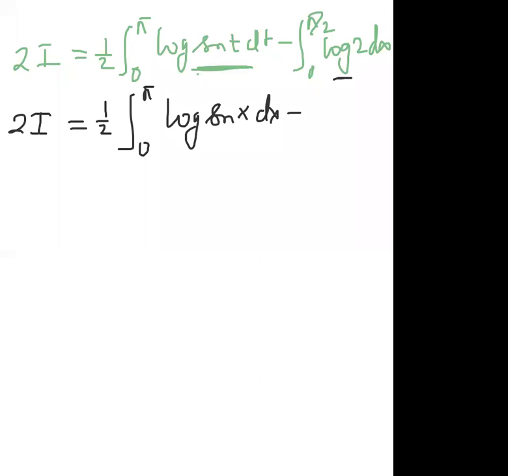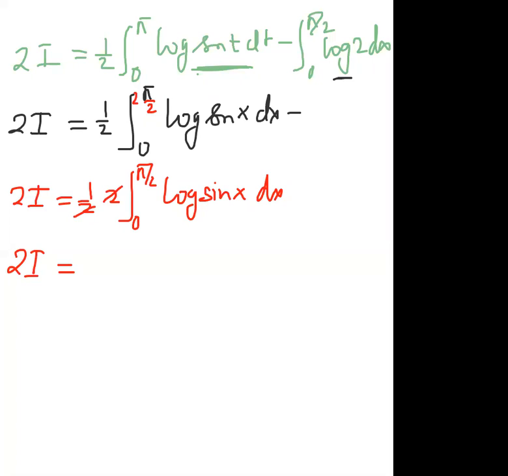Now again, I'm changing the color. Now this thing, last step which you need to take care. 2 multiply 2 divide. This step we have taken in the previous question also. 2I is equals to 1 by 2 times 2, 0 to pi by 2 log sin x dx. 2 to 2 cancel. 2I is equals to 0 to pi by 2 log sin x dx.